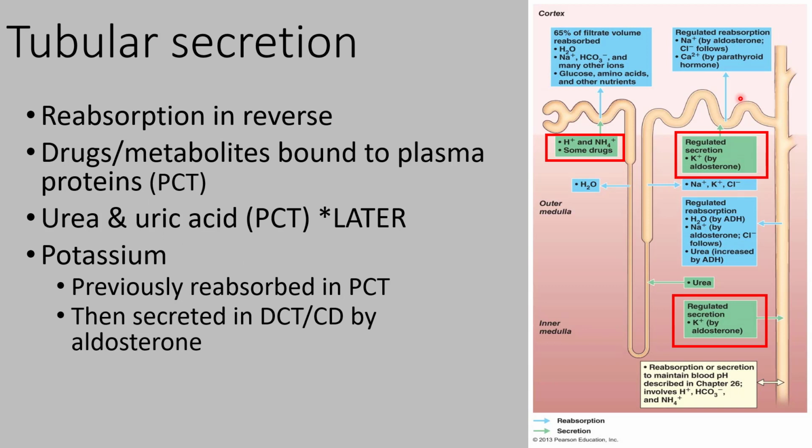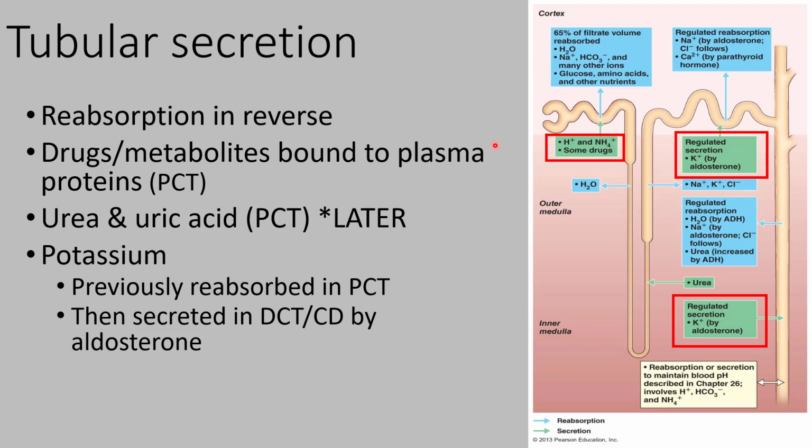So what about secretion? Now we're looking at the green boxes. Tubular secretion. Secretion is just reabsorption in reverse. It's something that was not previously filtered at Bowman's capsule. It remains in the blood, but we want to put it into the filtrate. So maybe there was just a whole bunch of it and it didn't get filtered.